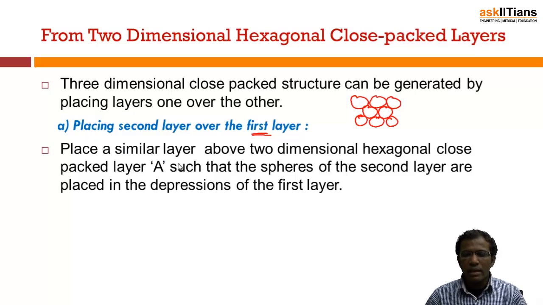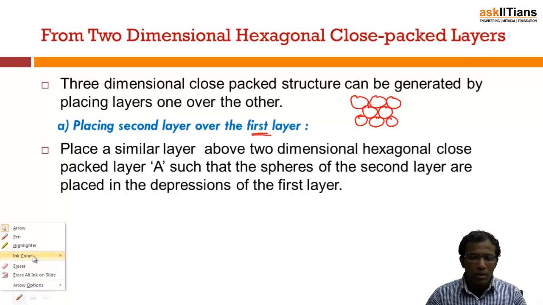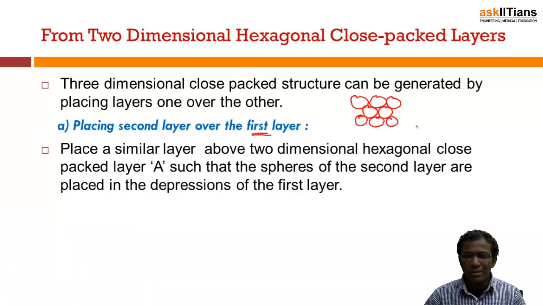Place a similar layer above the 2D hexagonal packed layer A such that the spheres of the second layer are placed in the depressions of the first layer. That means, say this is your layer A, and now you have depressions like this. This is a depression, this is a depression, and this is a depression.